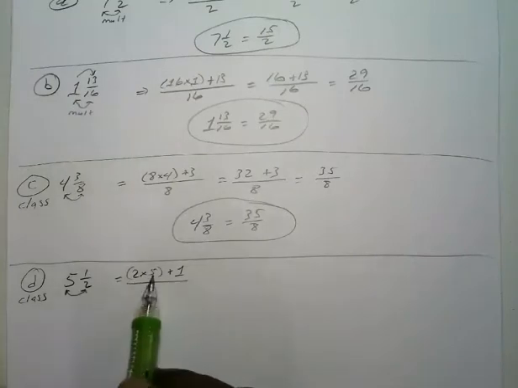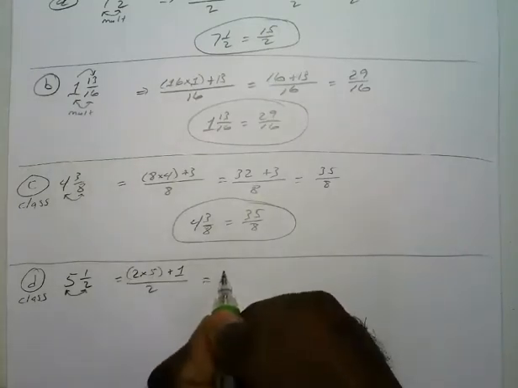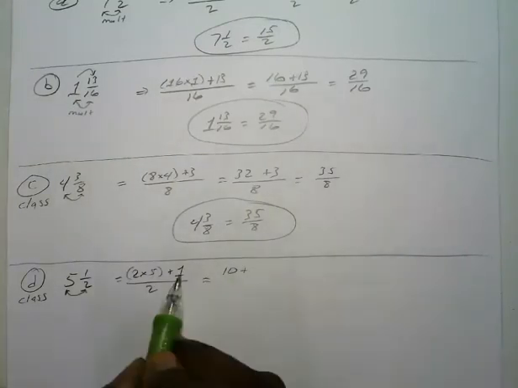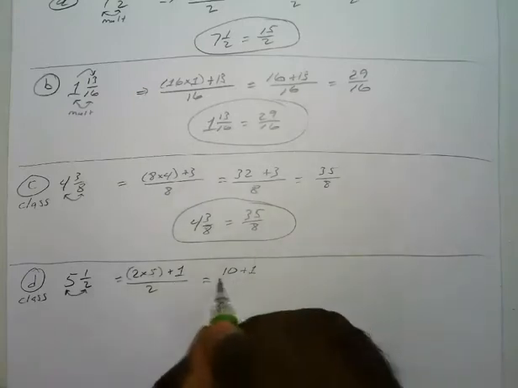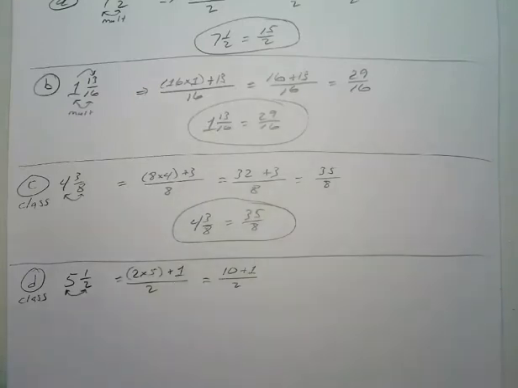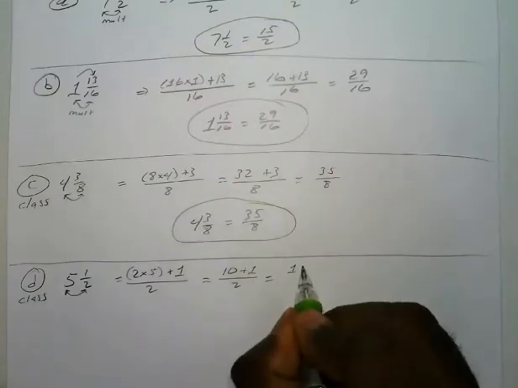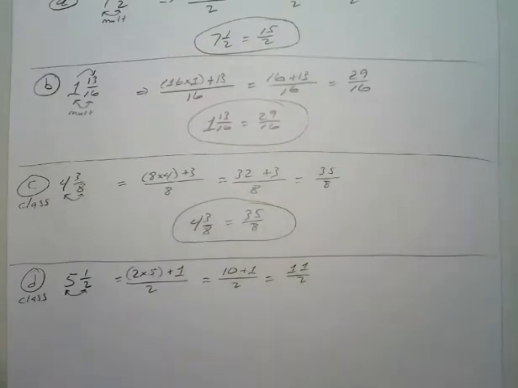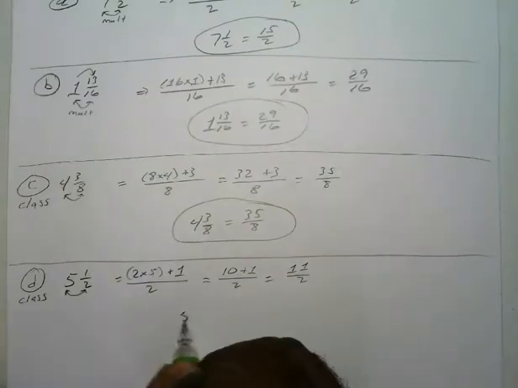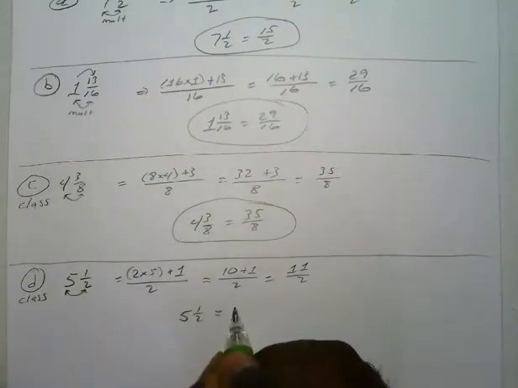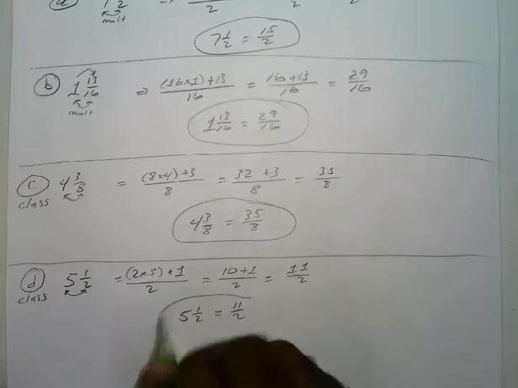Okay, so 2 times 5 is 10, plus 1, all over 2. So 10 plus 1 is 11, so it gives you 11 over 2. So we know that 5 1/2 is equal to 11 over 2.